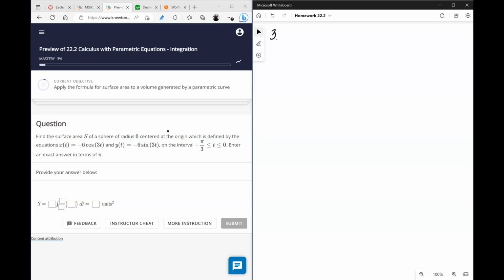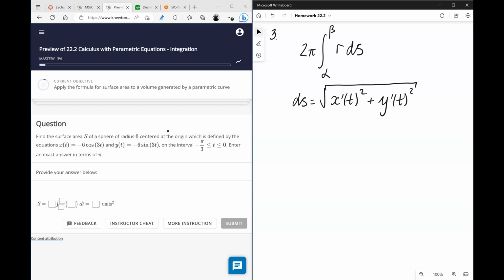So we are going to use this formula, 2 pi integral of r ds, and ds in this case is the square root of x prime of t squared plus y prime of t squared dt, and we're going to find x prime of t.